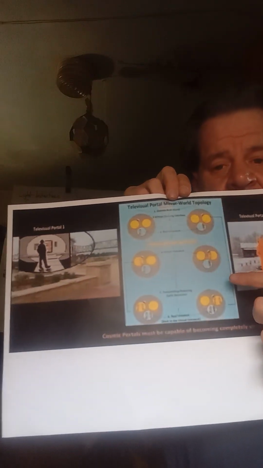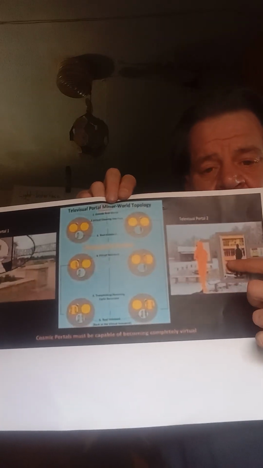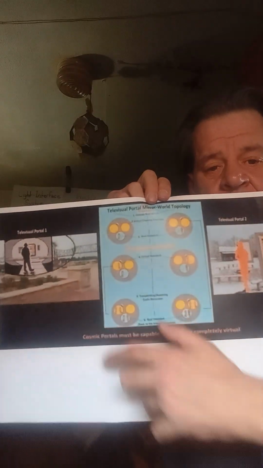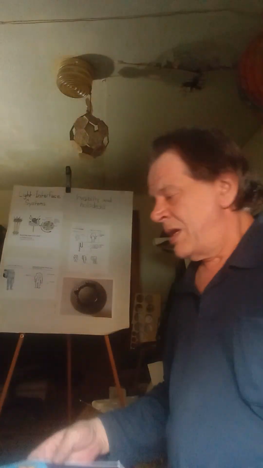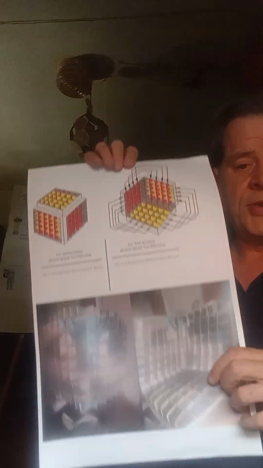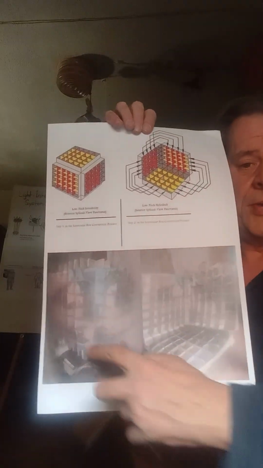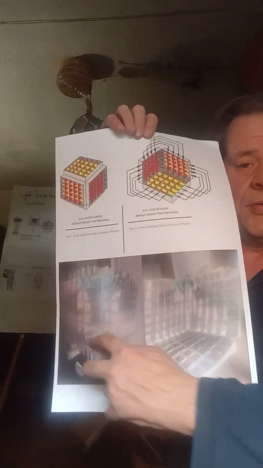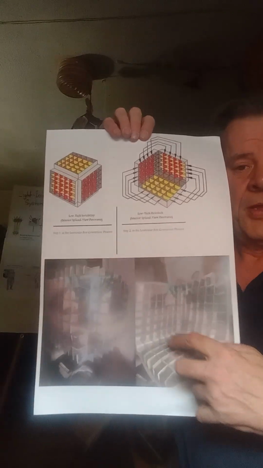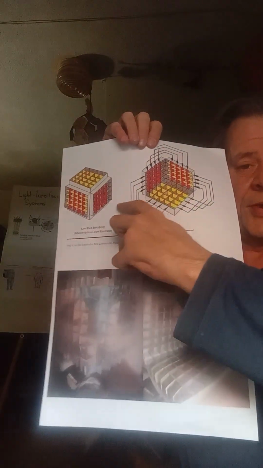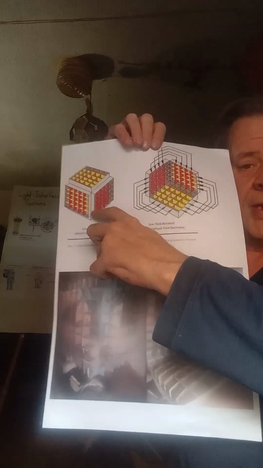You can still display different recorded versions of the past in these televisual portals, which I liken to a Las Vegas sphere with its full properties used. And this is a low-tech proof of invisibility, photographic invisibility, and photographic holodeck. And you follow this conversion process, this diagram up here.